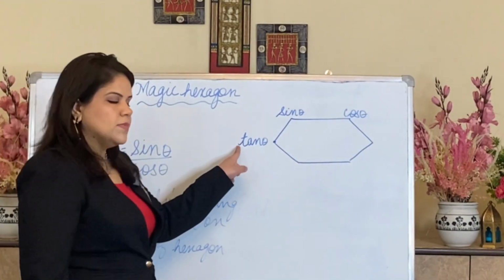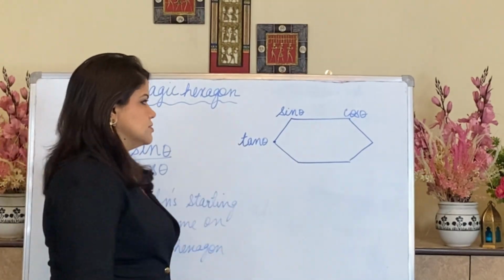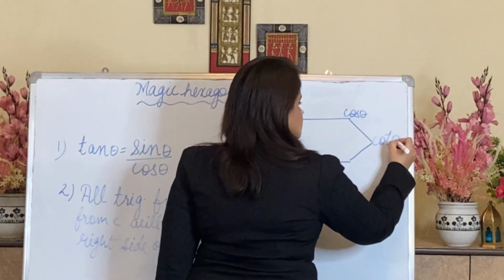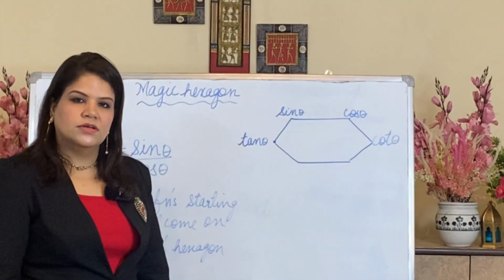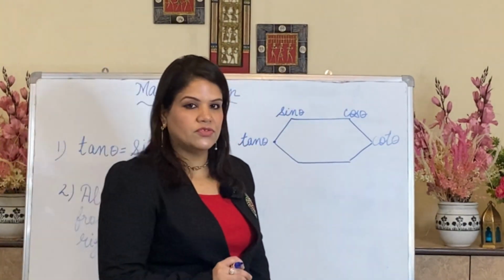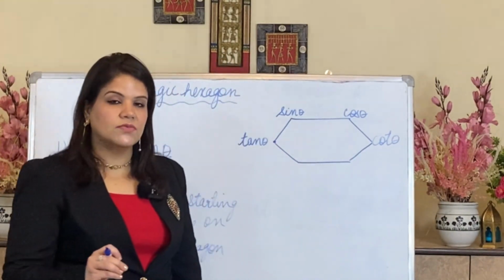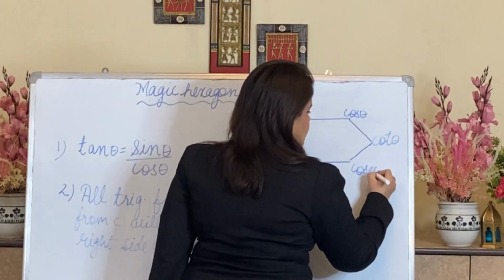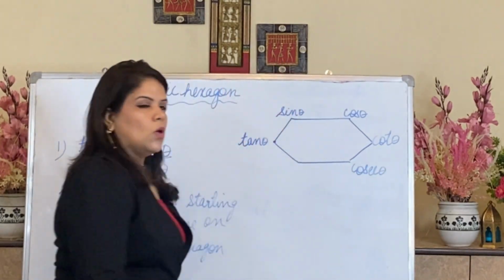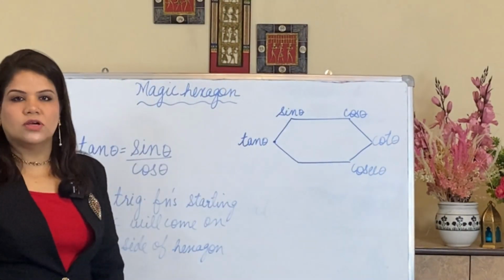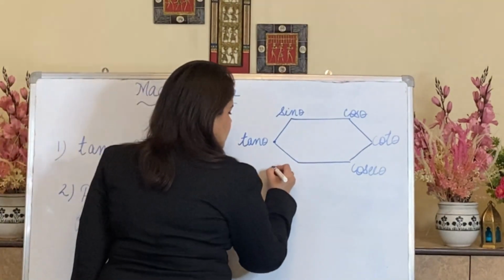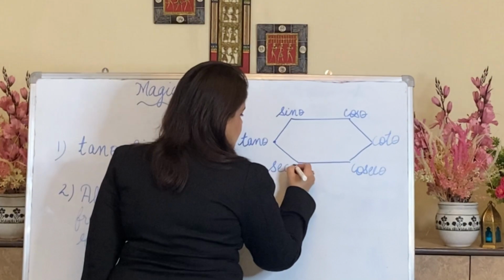Now, opposite of tan is cot. So what else is left in trigonometric functions which are starting with C is cosecant theta. So which function is left among all 6 trigonometric functions? Secant theta. So that I will write here.